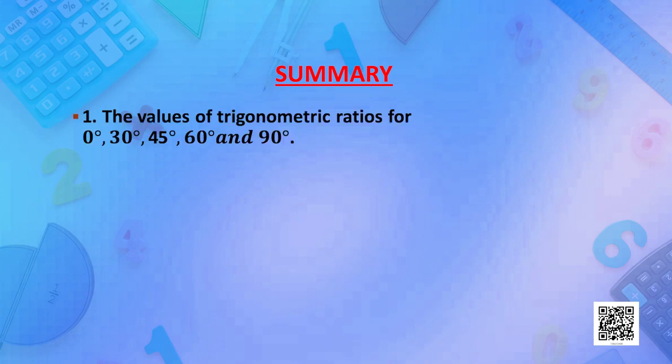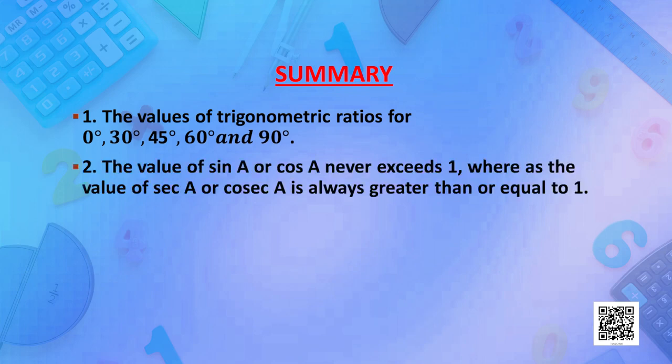Let us quickly recapitulate what we have learned today. The value of trigonometric ratios for 0 degree, 30 degree, 45 degree, 60 degree and 90 degree. The value of sin A or cos A never exceeds 1, whereas the value of secant A or cosecant A is always greater than or equal to 1.